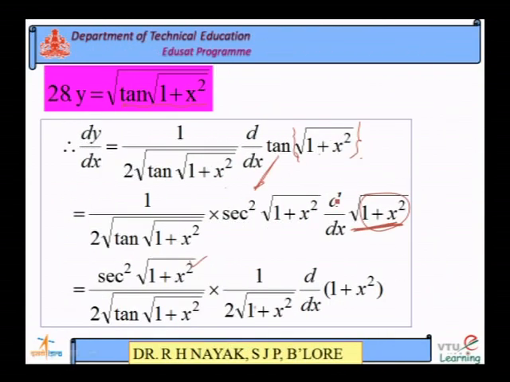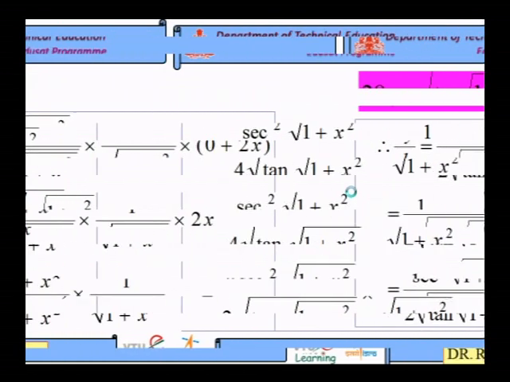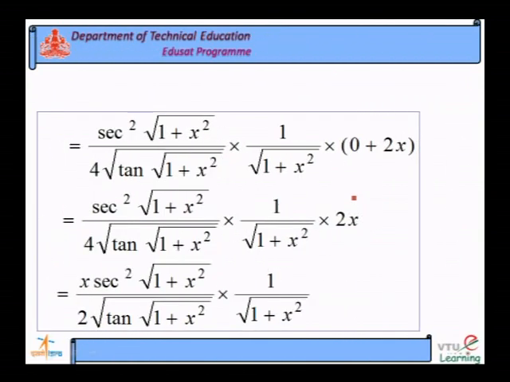Here we have 2 and this is 2, so we have 4. Differentiation of that will be 2x. This 2 is cancelled with this 2, so you have 4 and 2 here, or you can cancel in the numerator itself: x into secant square root of 1 plus x square divided by 2 root of tan of 1 plus x square into 1 by root of 1 plus x square.